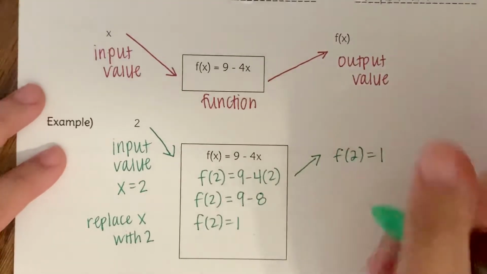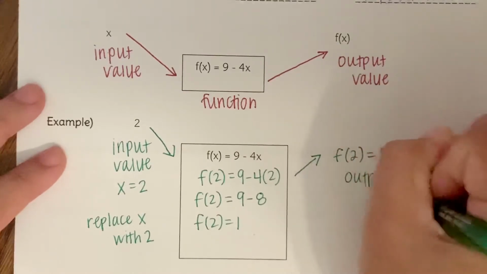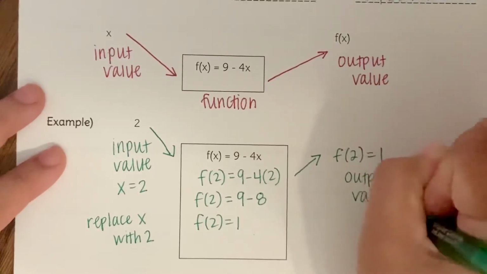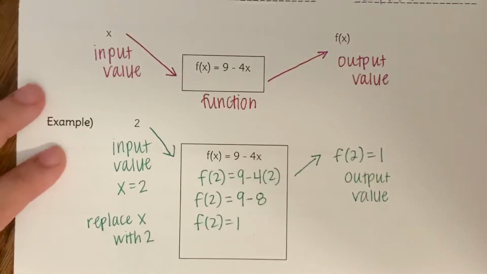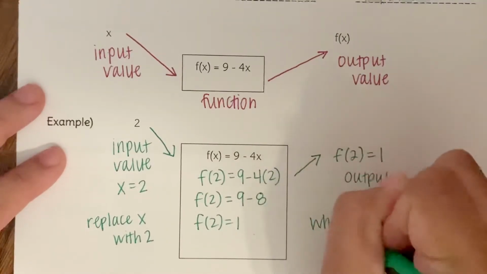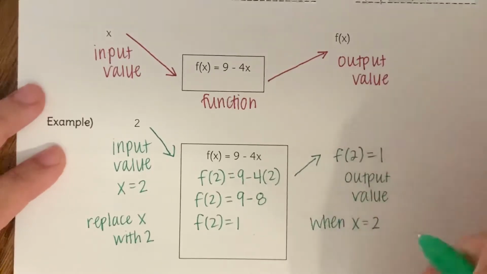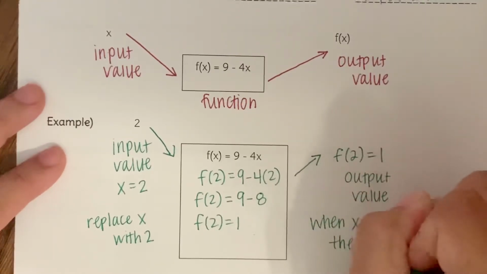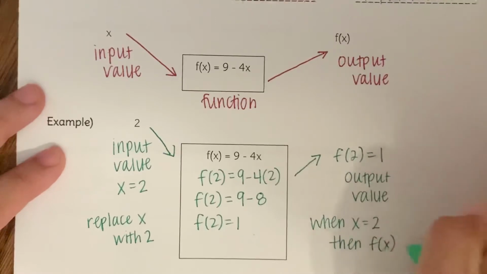So f of 2 is equal to 1. And if I had to make a statement just to kind of simplify everything, that just means when my x is equal to 2, then my f of x, my output, is going to end up being 1.